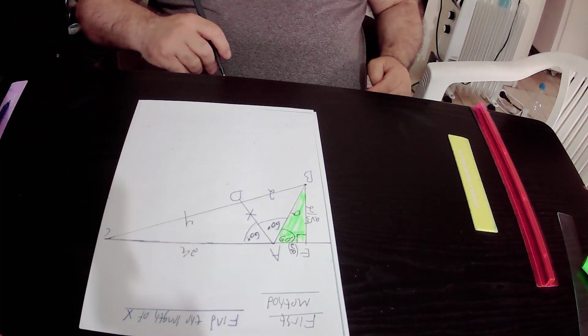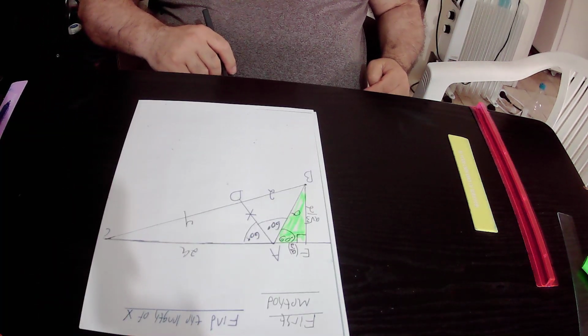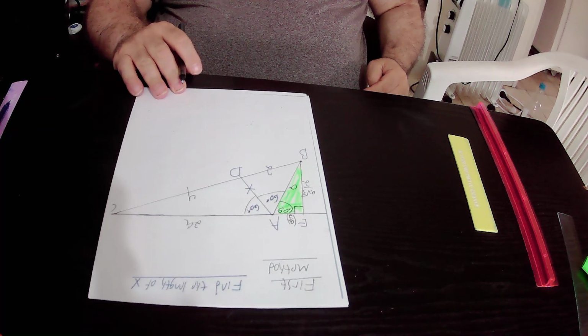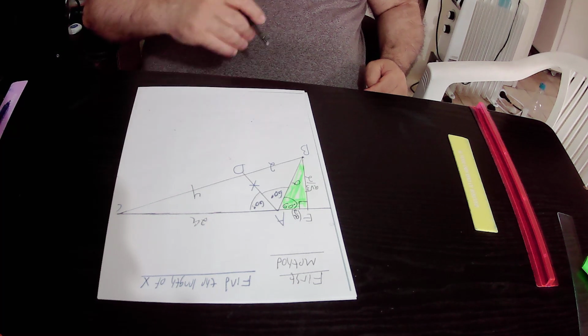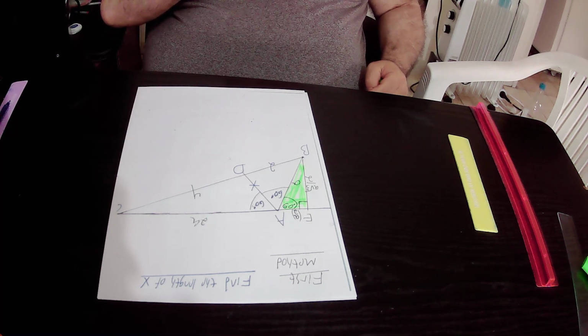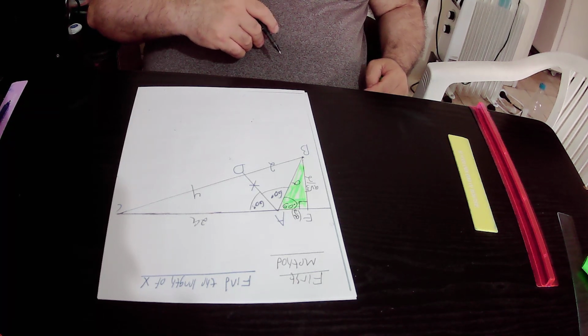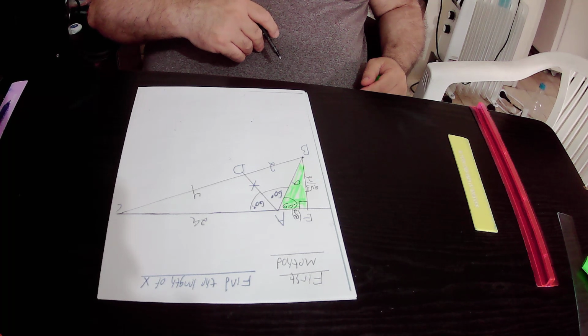In the next step, we will implement the Pythagoras theorem on the big right triangle EBC. So I'll copy the right triangle EBC in a new page, and we will implement the Pythagoras theorem on it.